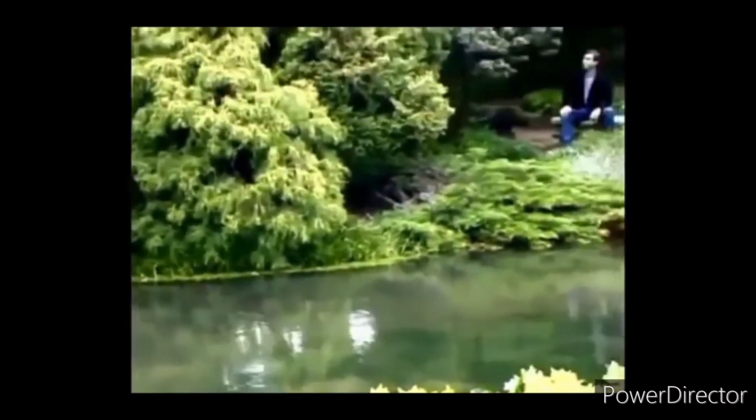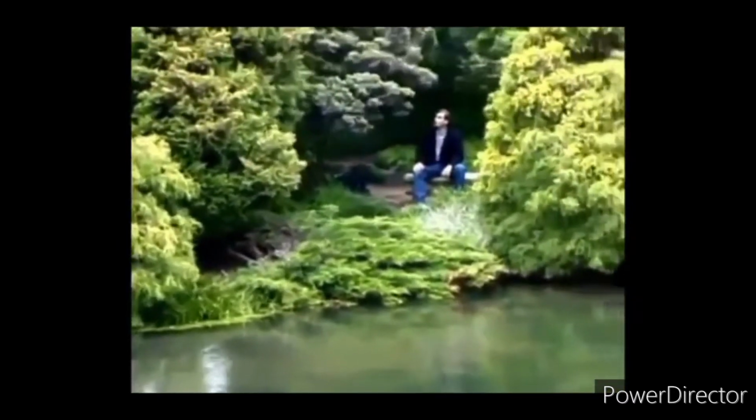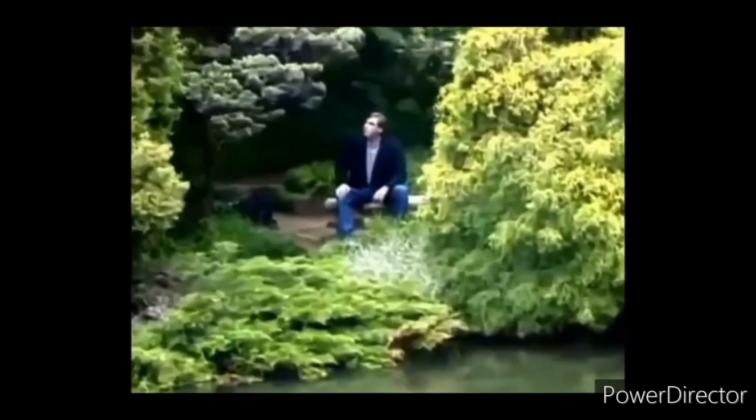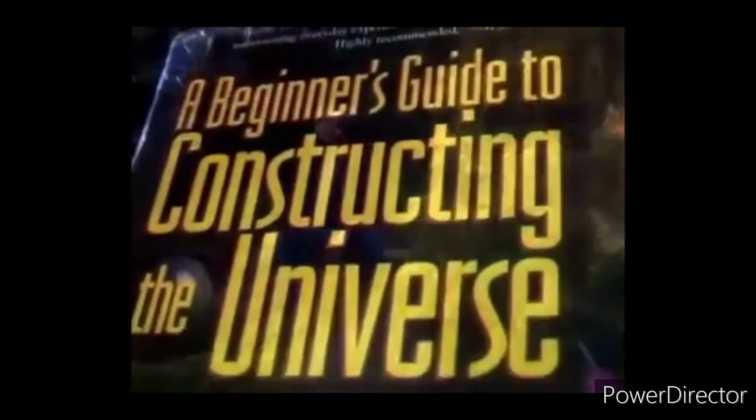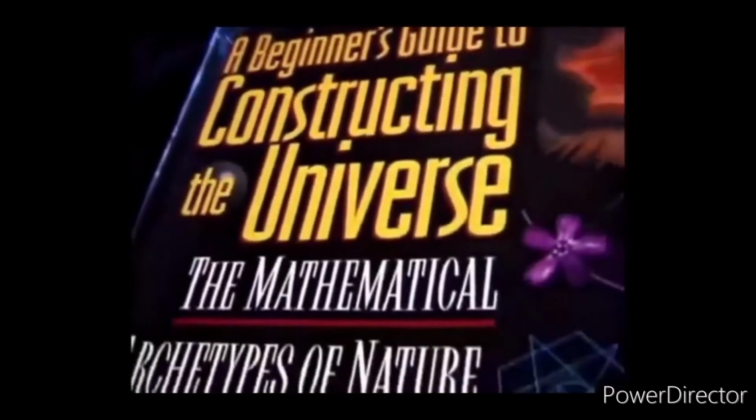To better understand the role of the Fibonacci series and organic geometry in the world around us, we met with Michael Schneider, author of A Beginner's Guide to Constructing the Universe.